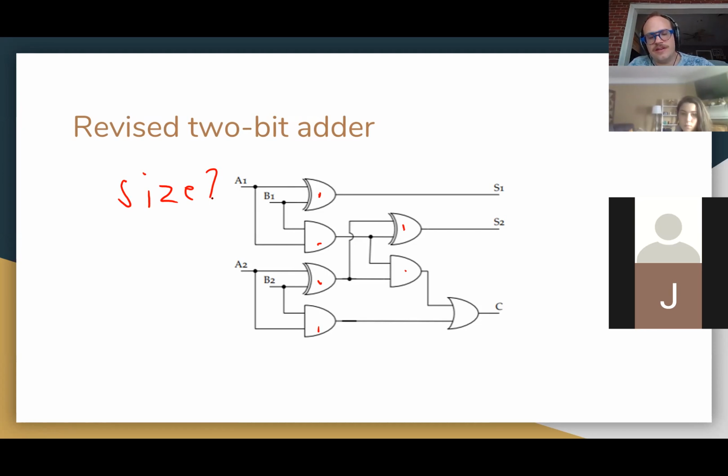And then the depth, so the most amount of gates a wire has to go through. And I think that is 3. So this path right here, 1, 2, 3.